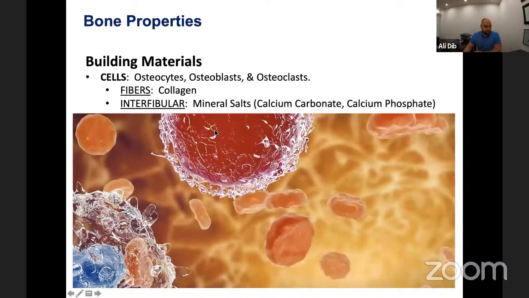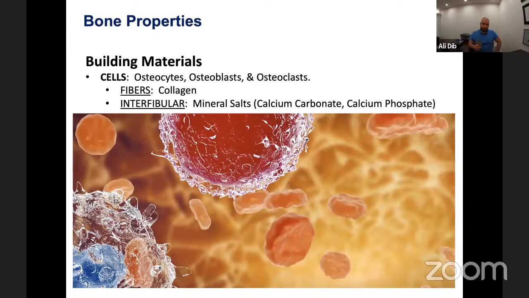All right, so we're going to talk a little bit about the building materials of bones themselves. When you talk about building materials, you want to start off with the types of cells that we see. There are 3 of them, and they all have very similar names with the prefix osteo, which means bones. We have our osteocytes, our osteoblasts, and our osteoclasts.